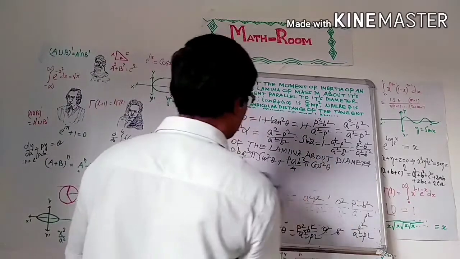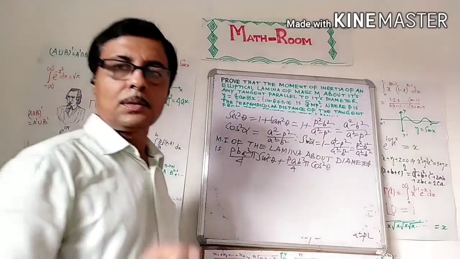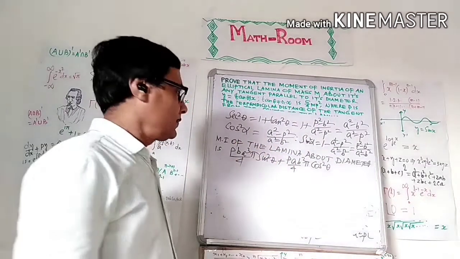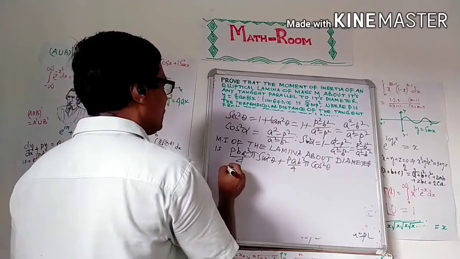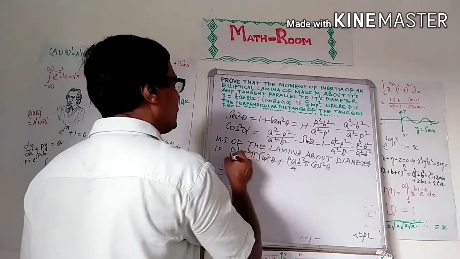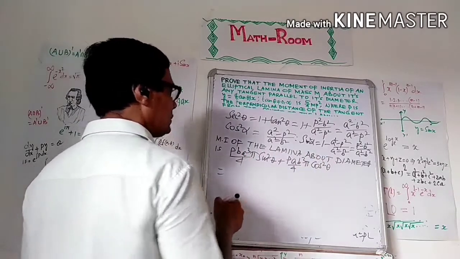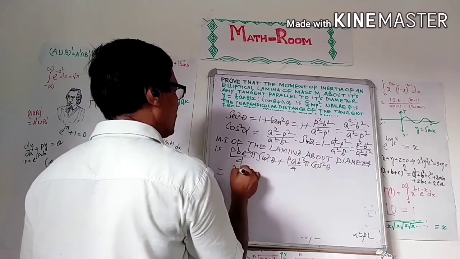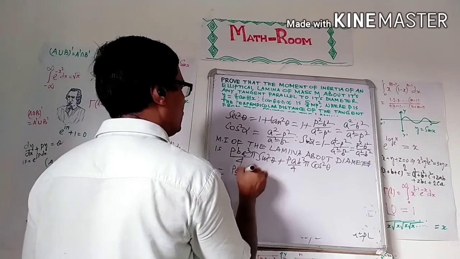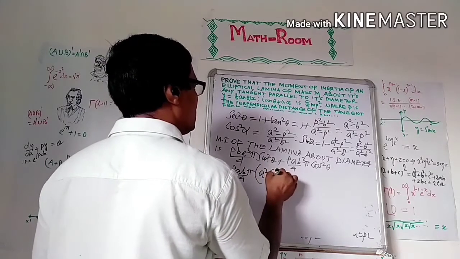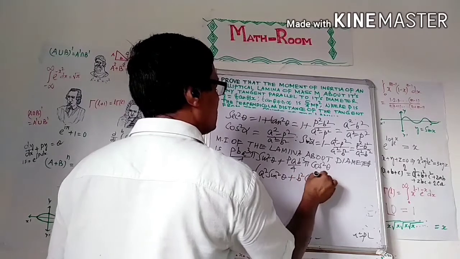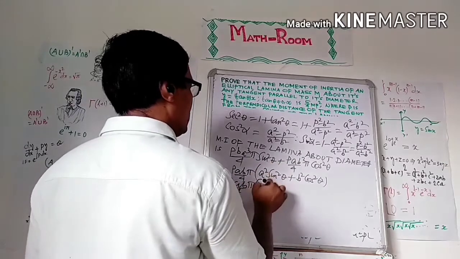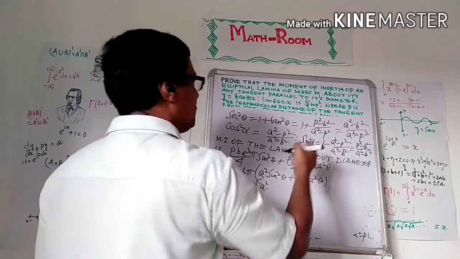If we put the values of cos square theta and sin square theta in this expression for the moment of inertia, and factorize, we get rho a b pi over 4 into a square sin square theta plus b square cos square theta.